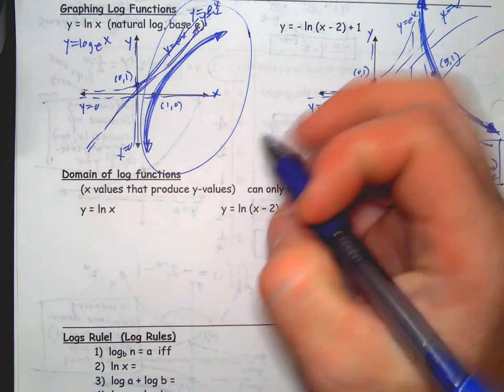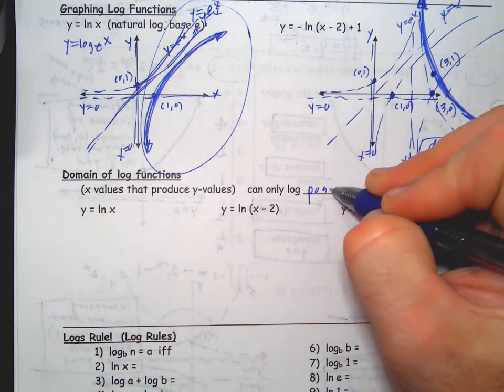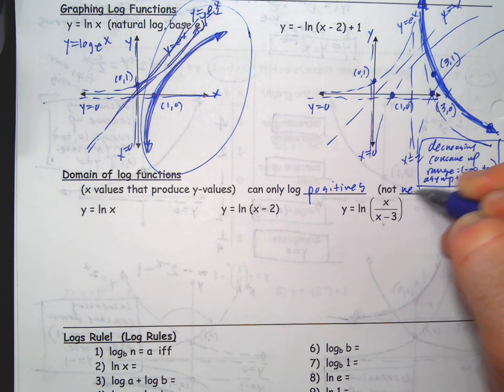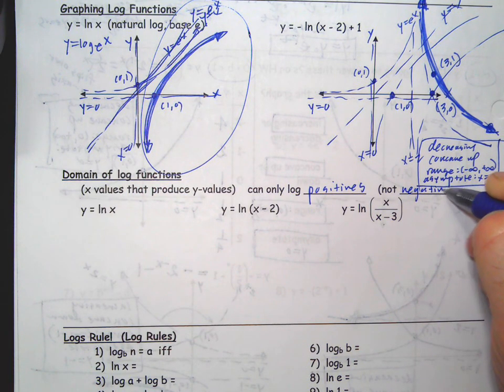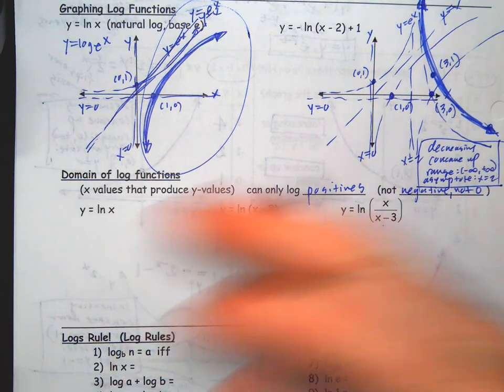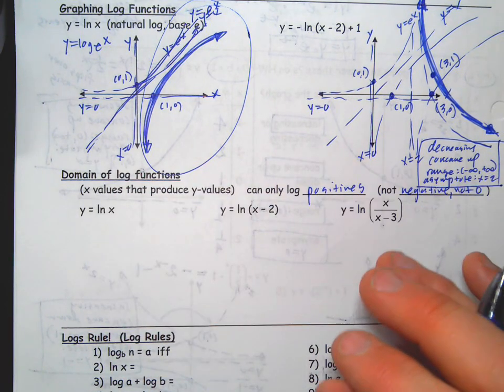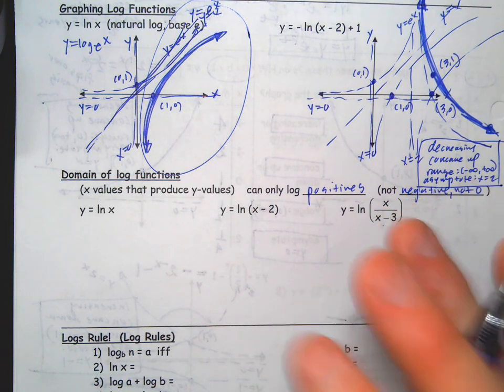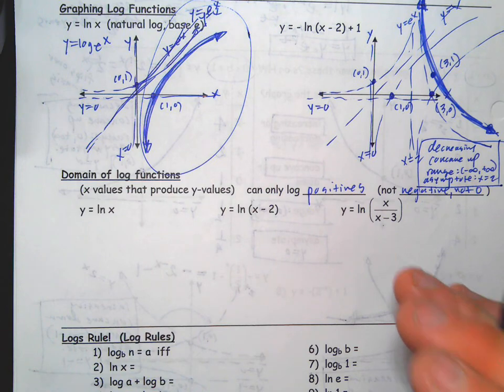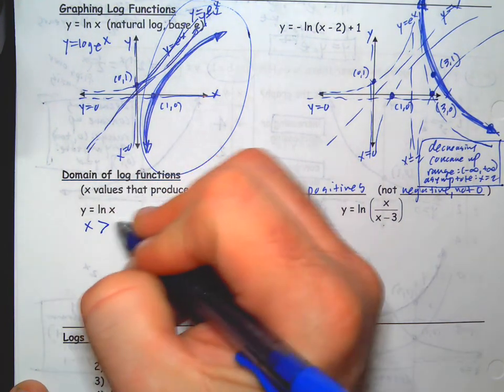So we can only take logs of positives, not negative, not 0. So we need to keep that in mind whenever we're dealing with a problem that involves logs. We've got to make sure that we know what values are even possible so we don't give answers that are impossible. So in this one right here, x has to be greater than 0.